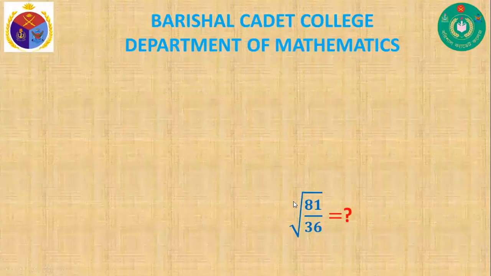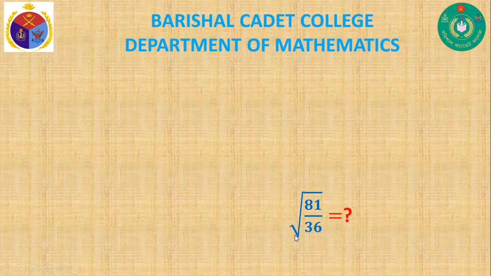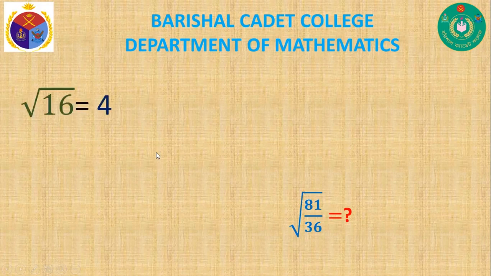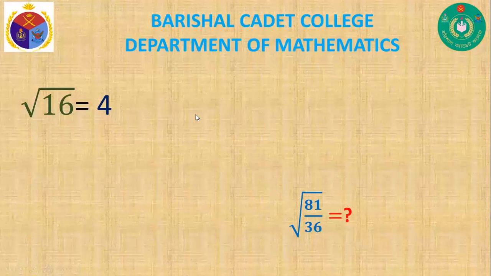Dear cadets, first of all, I want to tell you about the special symbol and what will be the value under that special symbol. If I ask you what is root over 16, then you easily say this is 4.